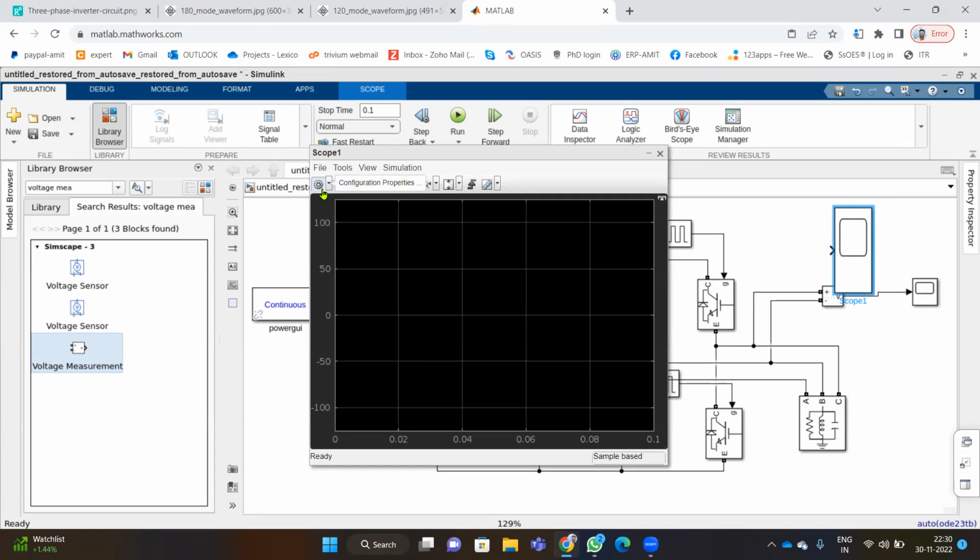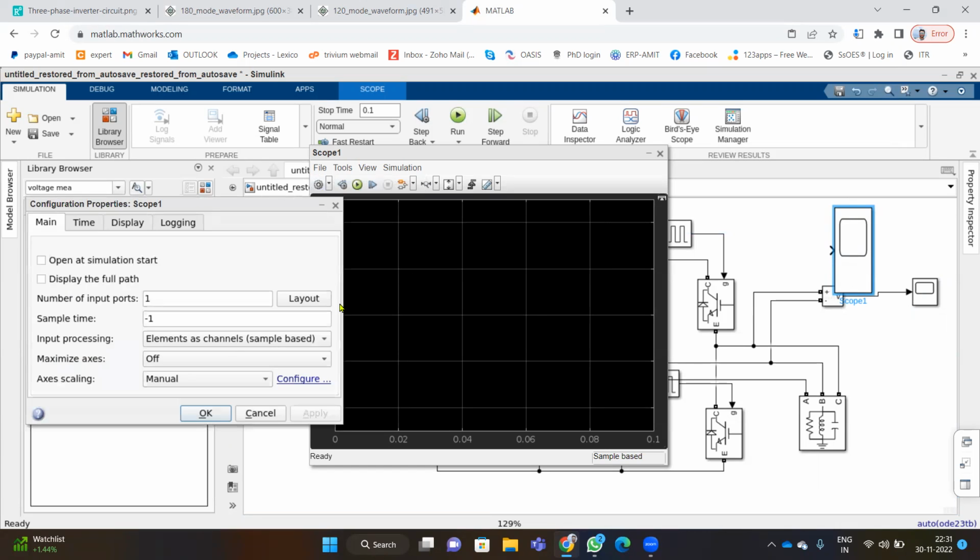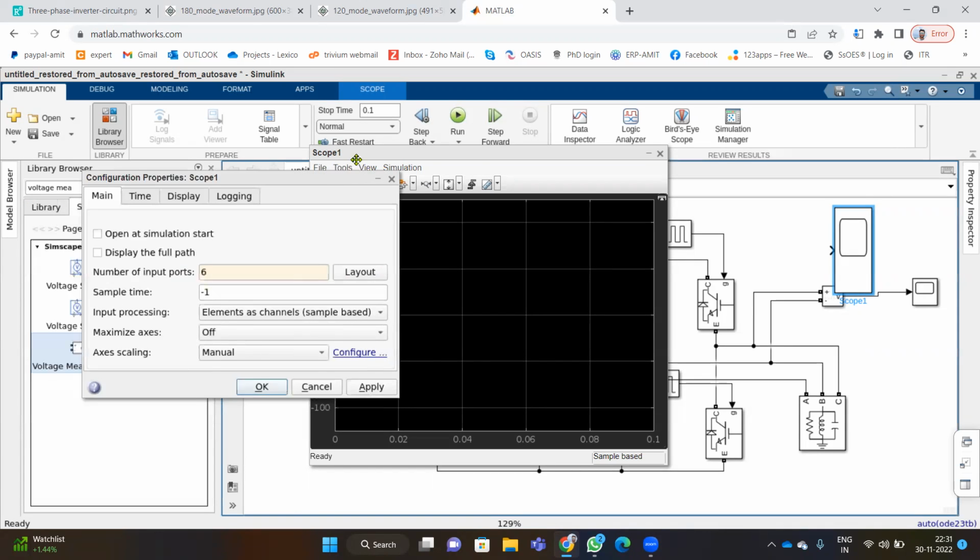So I need to change the settings of the scope. We need 6 inputs with 6 layouts.